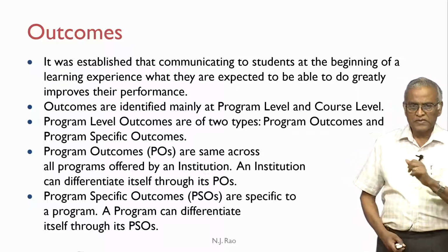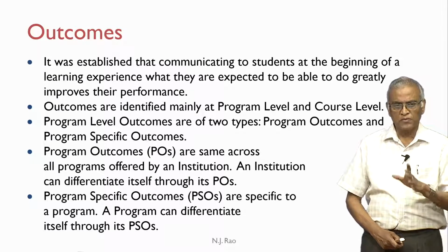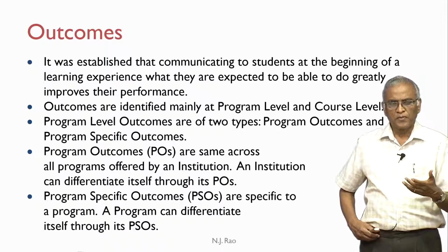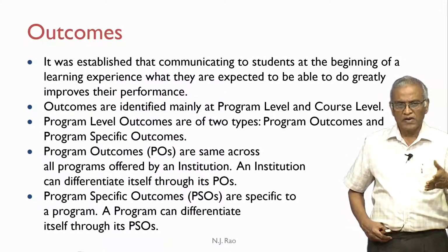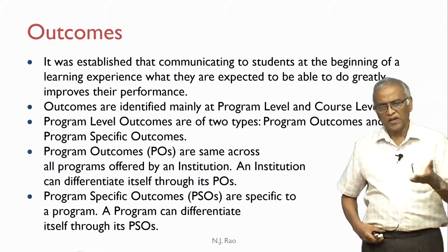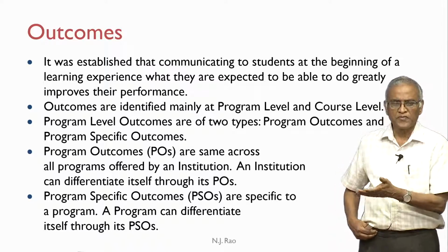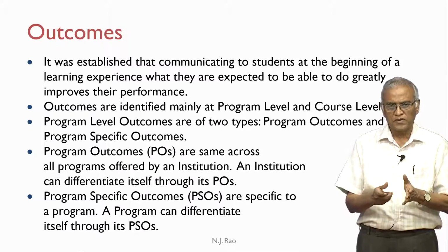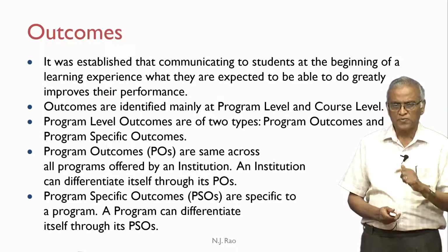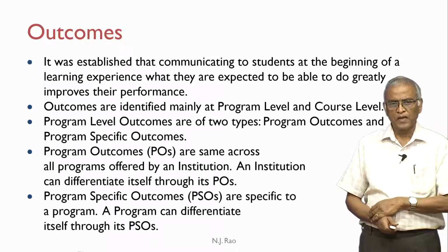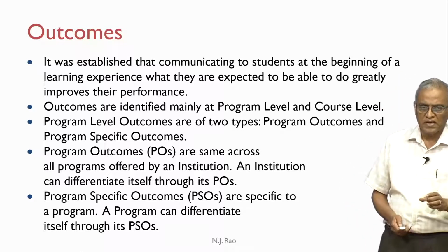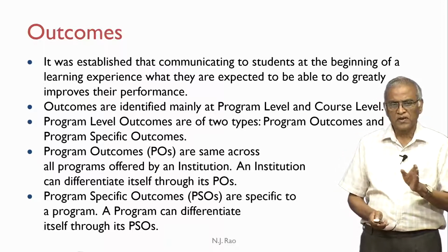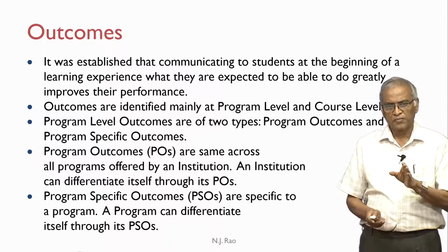Whereas program specific outcomes are specific to a program. Obviously, the outcomes of a BA program in music will not be the same as the outcomes for a BSc program in physics. So, there are program specific outcomes that you have to write for each program in an institution, and the way you write your PSOs can also differentiate the particular program.